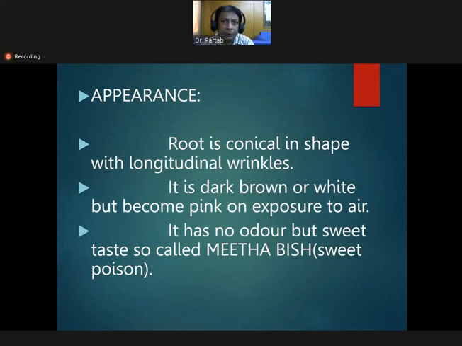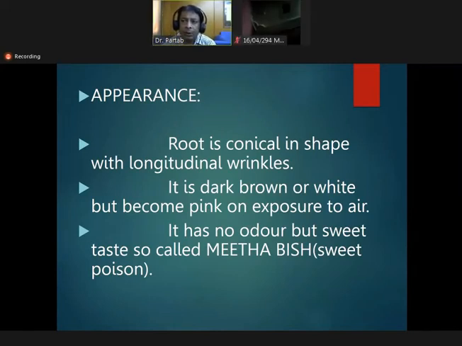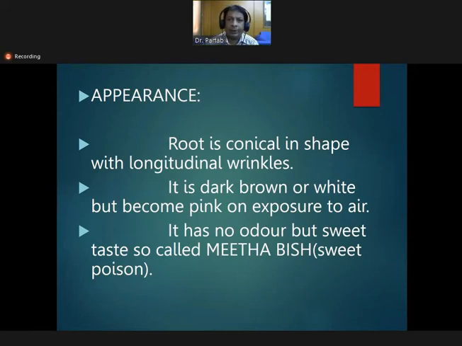That's why it is used easily as a homicidal poison. It is also said to be an ideal homicidal poison. But the number one ideal homicidal poison is arsenic. 99% of the time arsenic is used.